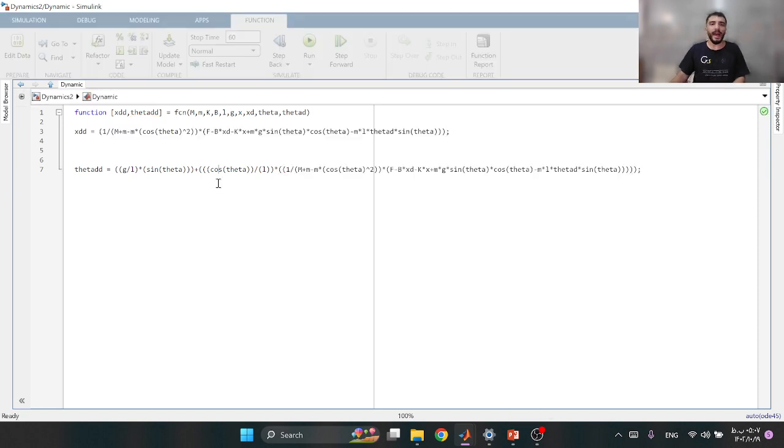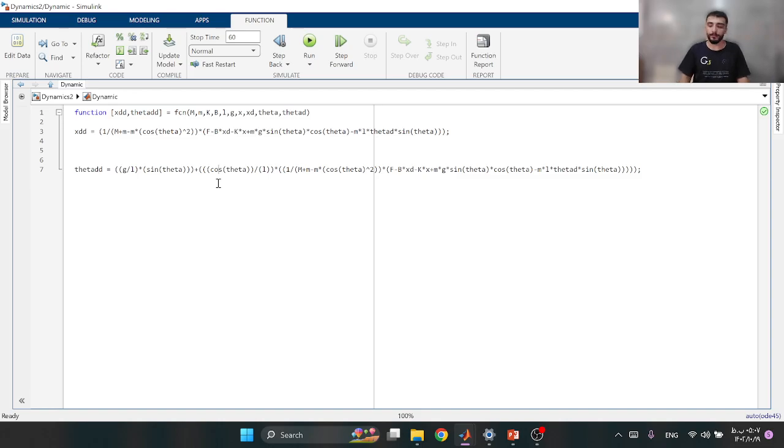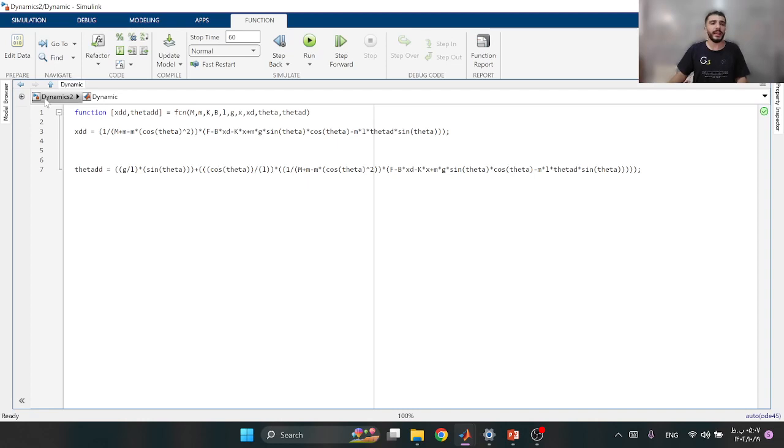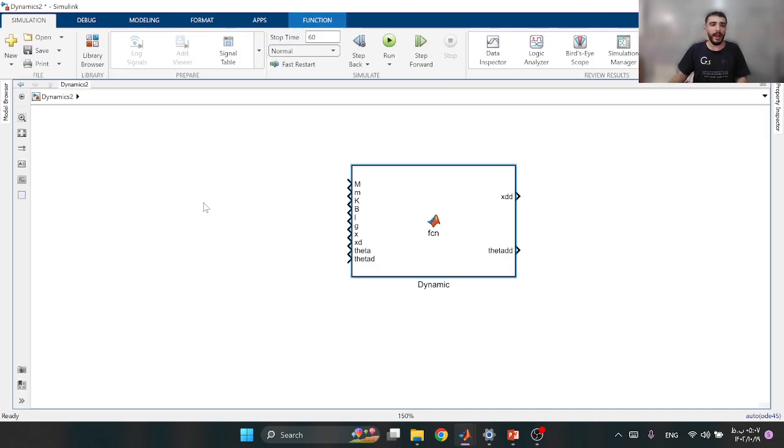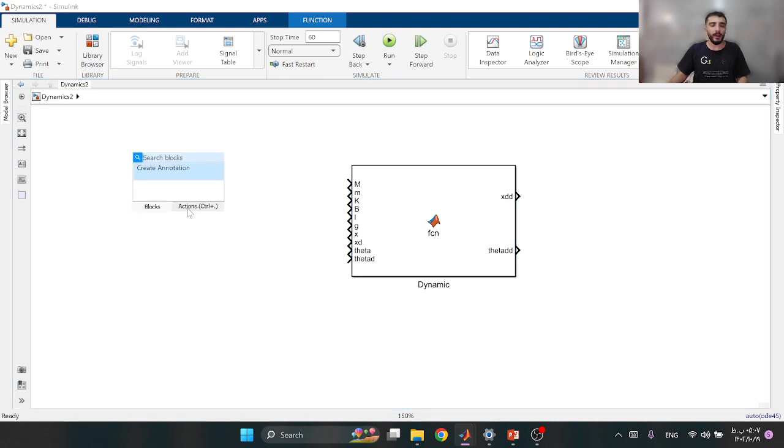And now we have our dynamics in our MATLAB function. So we need to connect the signals. Let's connect the signals to have our simulation.